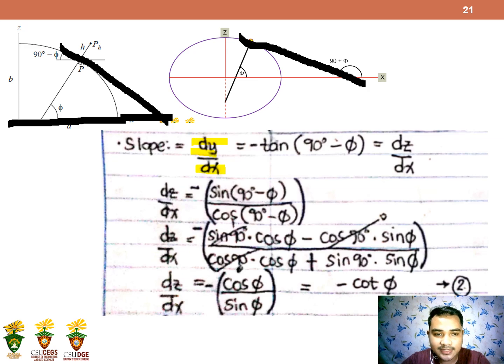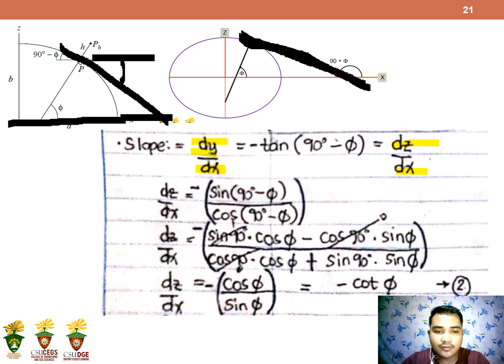But in our case, since one of our axes is z, it is dz over dx. And to get the slope of this line, we need to get the angle, since we will use the angle for the derivation of the slope.